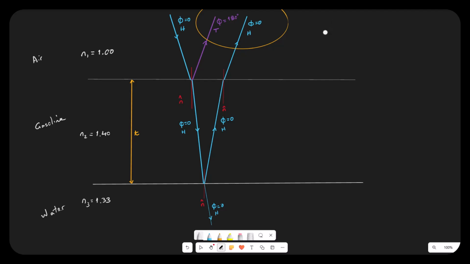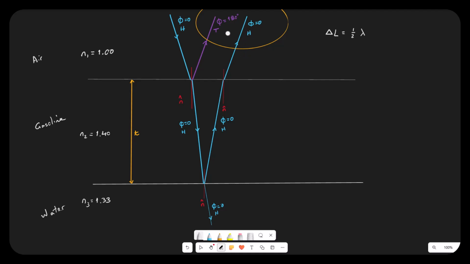And the answer is, we need a path length difference, just like we had with two-slit interference, or even one-slit interference. We need some kind of a path length difference. If the path length difference is equal to half a wavelength, then this blue wave will have picked up an extra 180 degrees.